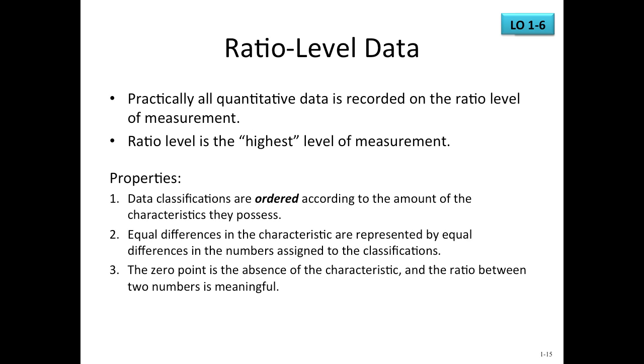So height. It doesn't make a whole lot of sense to say that you or I have no height, right? But that 0 point does mean something. If you were measuring something, a piece of paper, it doesn't have much measurable height. So that 0 is a true 0 point. It's not arbitrarily set on the ruler, you know. But sometimes it doesn't make sense to think about stuff like that.